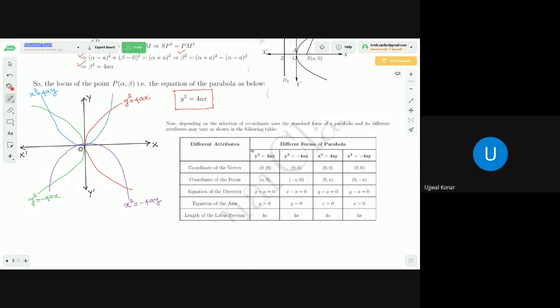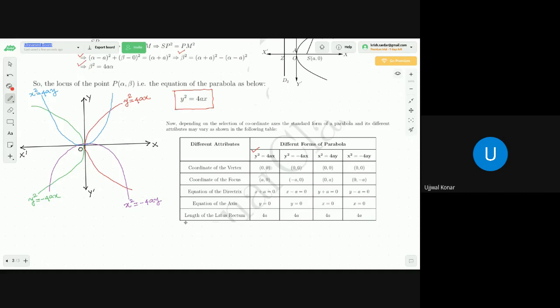So if we take y square equal to 4ax, then the coordinate of the vertex is at the point 0, 0. Coordinate of the focus at the point a, 0. Equation of the directrix should be x plus a equal to 0. Equation of the axis should be y equal to 0. Length of the latus rectum is 4a.